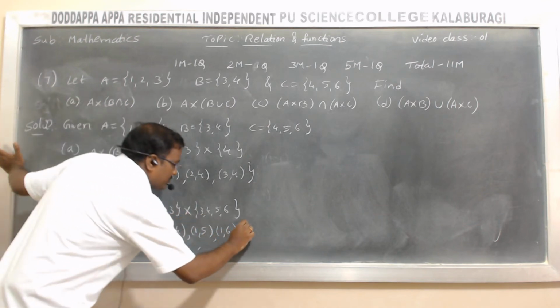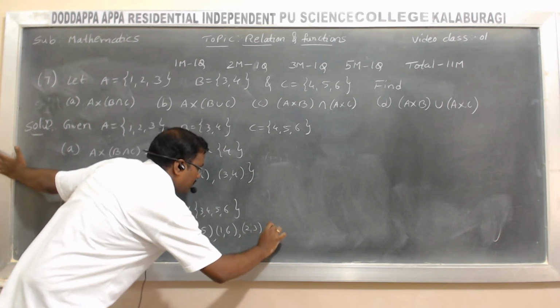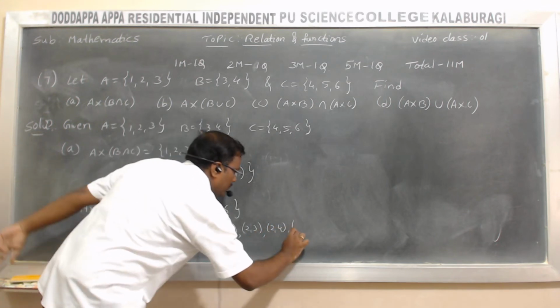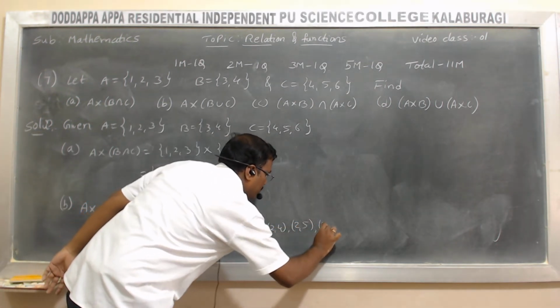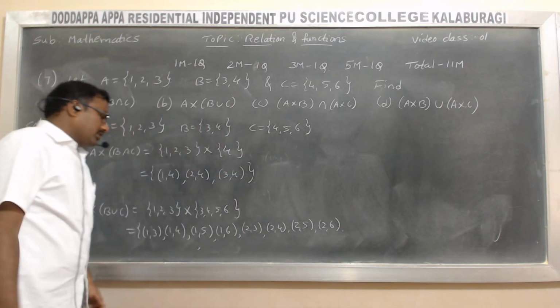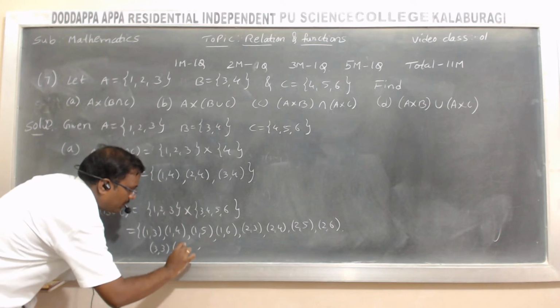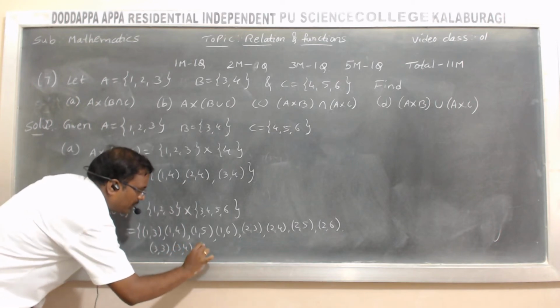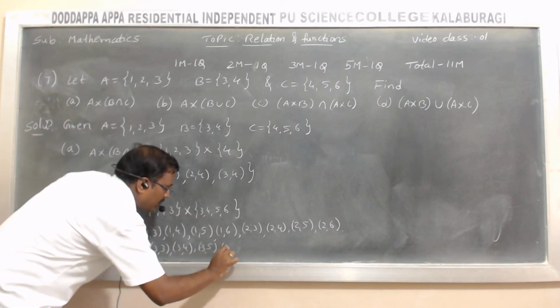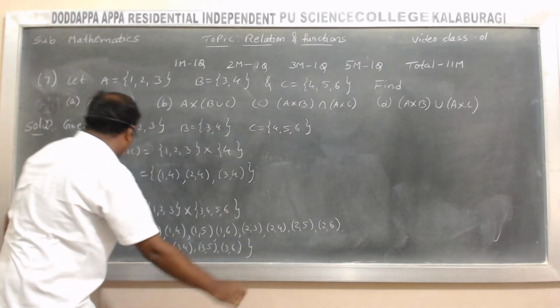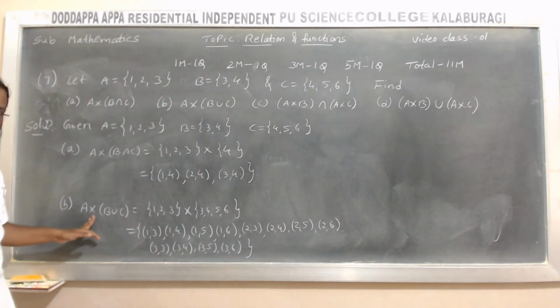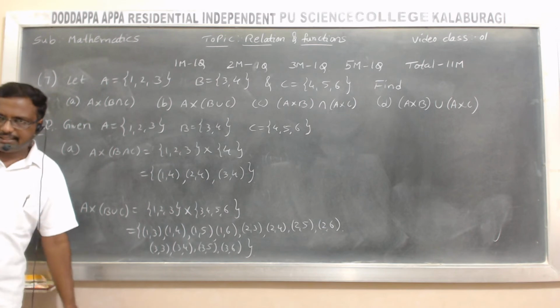We get (2, 3), (2, 4), (2, 5), (2, 6). Next (3, 3), (3, 4), (3, 5), (3, 6). So we get the solution of A cross (B union C).